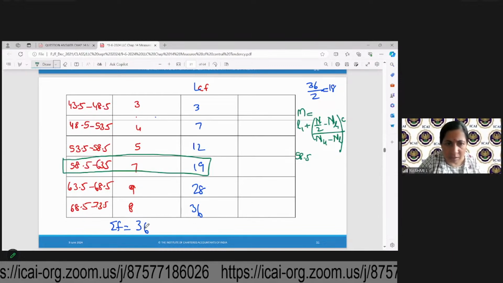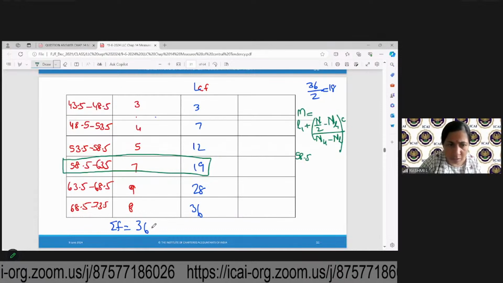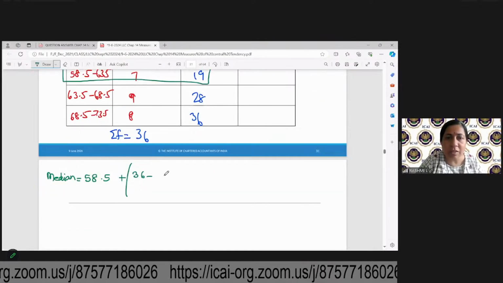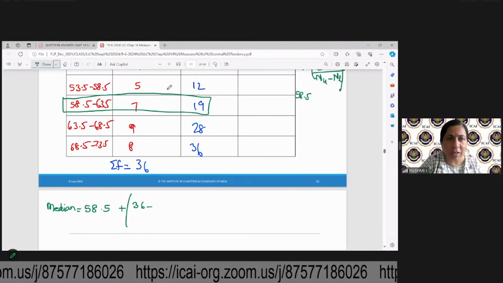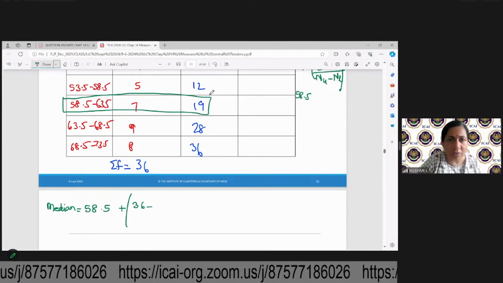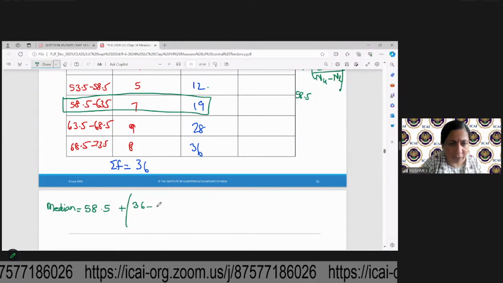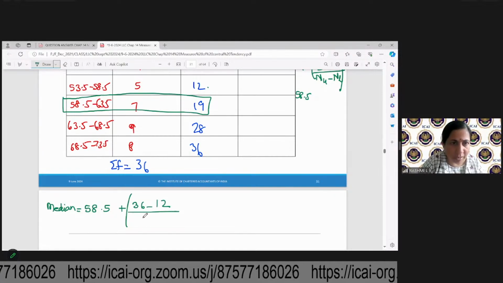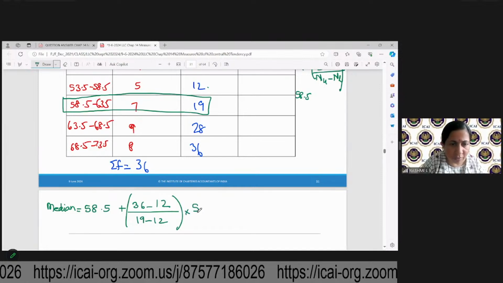So 18 minus what? What is it for the preceding class? This is 12, so 18 minus 12 upon 19 minus 12, into how much is the class width? 5.